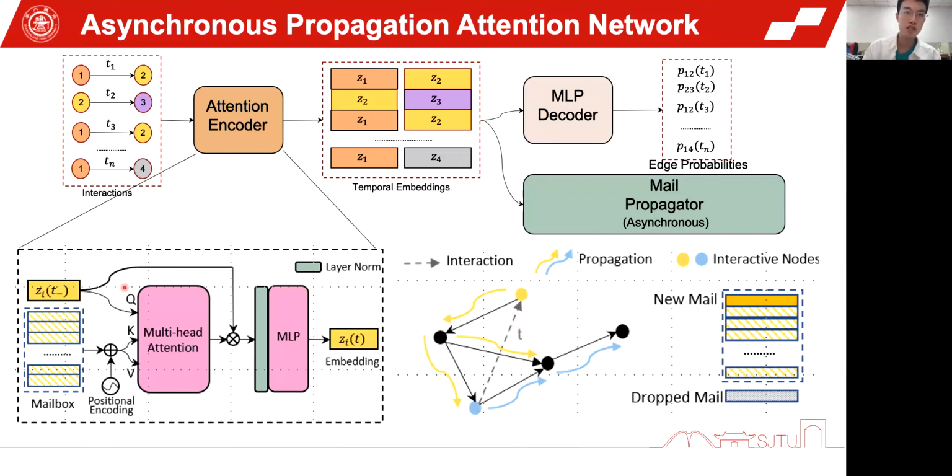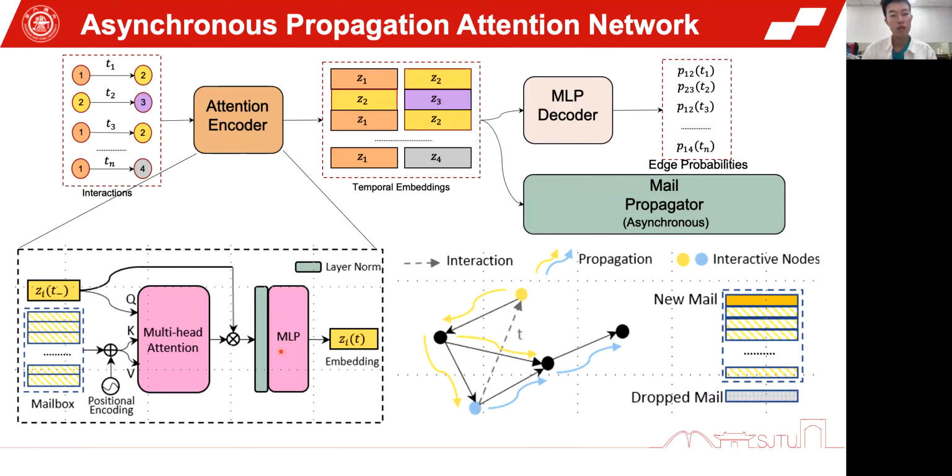In the synchronous link, when the interaction occurs, APAN does not need to query the neighborhoods in the graph database, but only reads the mailbox and then generates real-time embeddings instead.